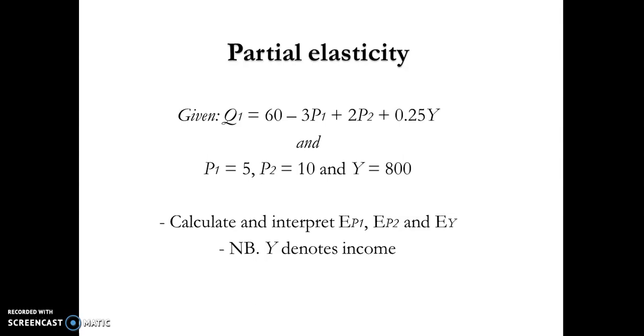You are given the price of the good and the price of the related goods, and your income is equal to 800. It says calculate the price elasticity of demand, your cross elasticity, and your income elasticity for this particular function. So you have a function of three independent variables, and you need to calculate these three partial elasticities.